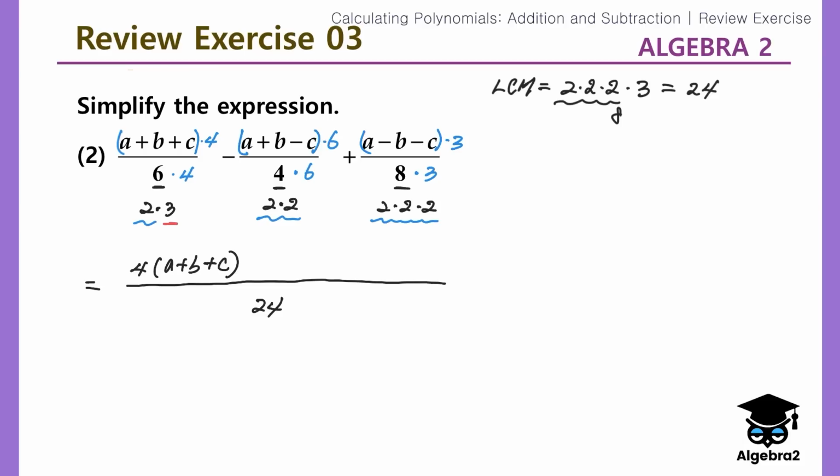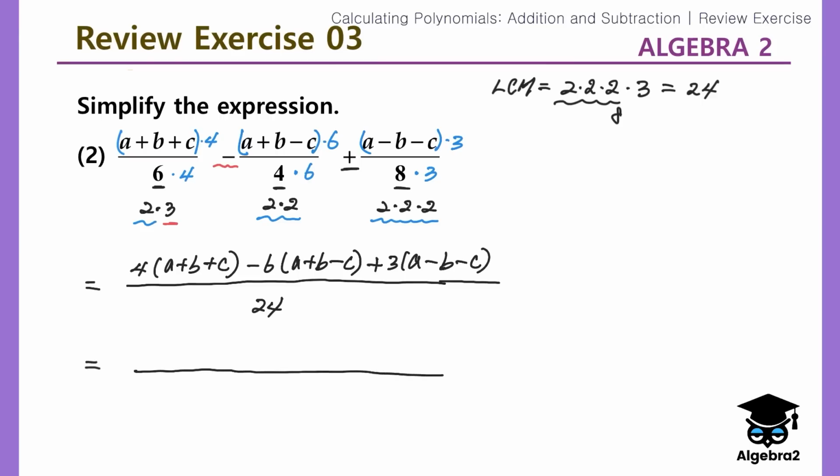plus c minus, remember we have a minus here, right? So minus 6 times a plus b minus c plus 3 times a minus b minus c, right? So that is equal to, okay, denominator 4a, 4b, 4c, right? 4a, 4b, 4c.